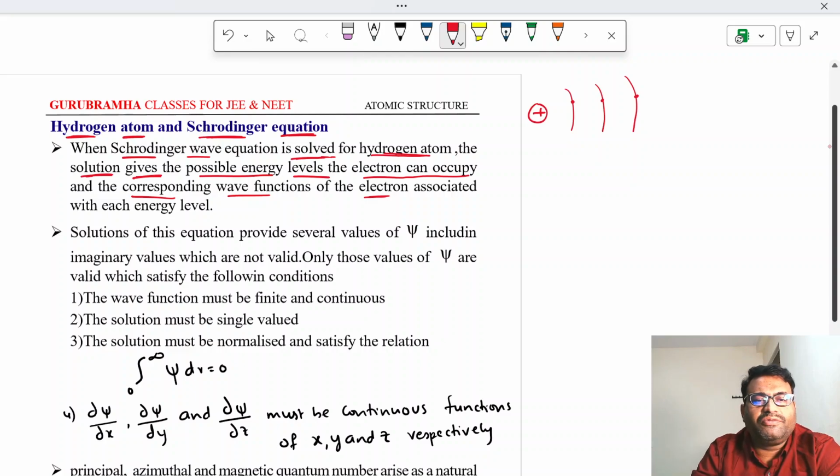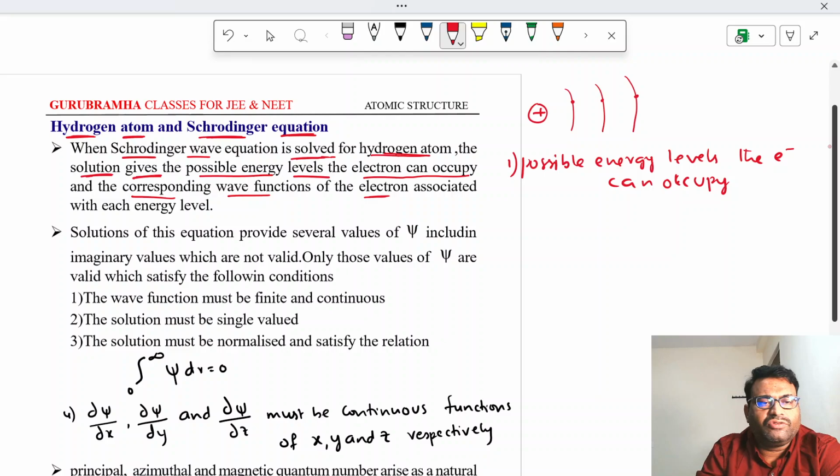One thing, it gives the possible energy levels the electron can occupy.